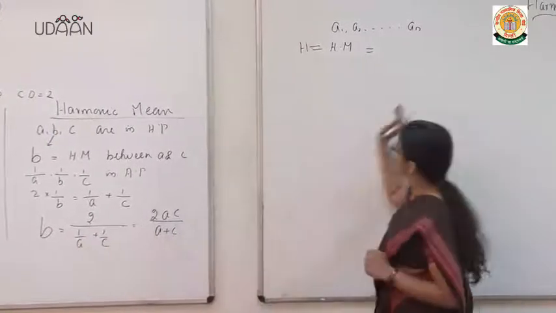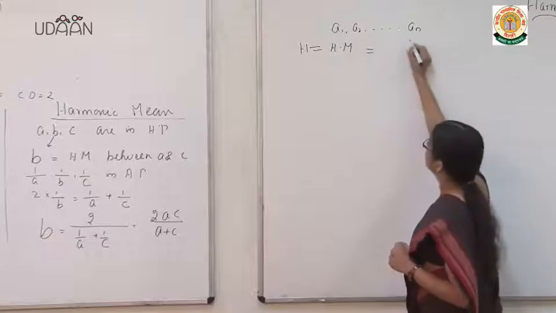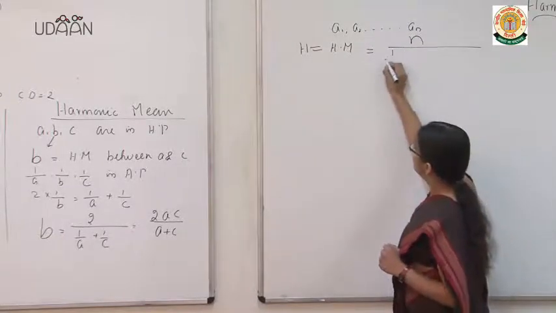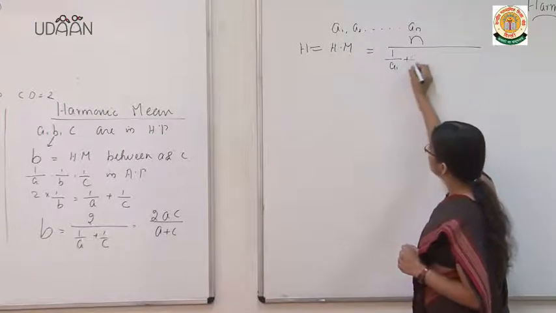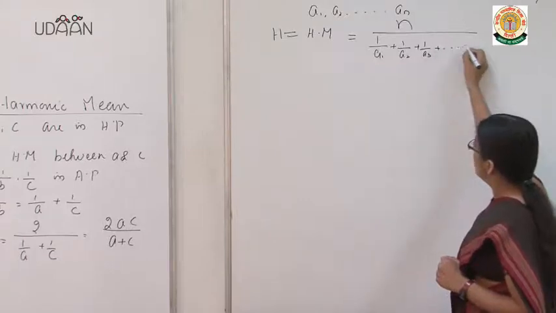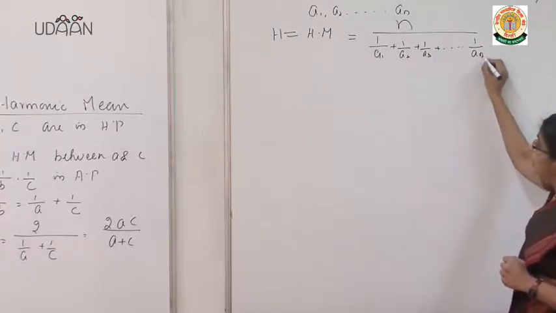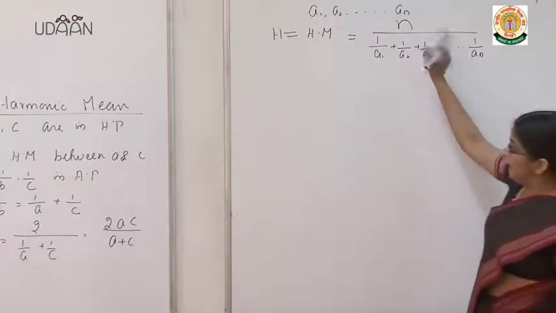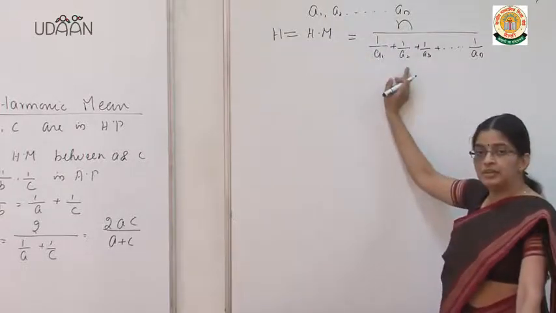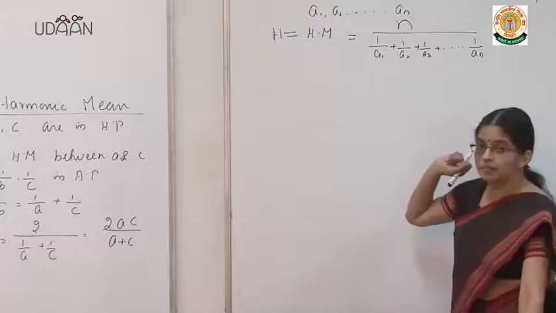So in place of two numbers, we have n numbers here. So H is given by the formula n divided by (1 by A1 plus 1 by A2 plus 1 by A3 plus etc. plus 1 by An). In the case of n numbers, H is n divided by (1 by A1 plus 1 by A2 etc. plus 1 by An).